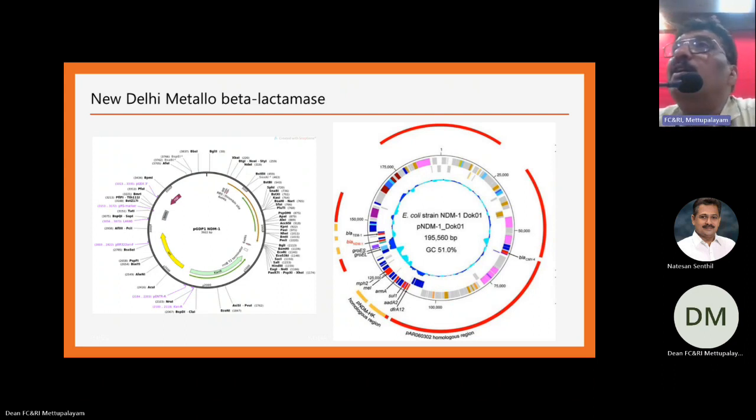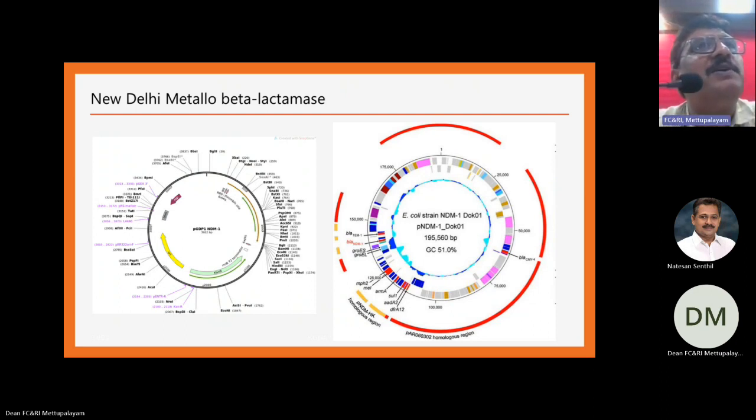And more importantly, we found that there's a horizontal gene transfer happening. You can have vertical gene transfer through breeding. Horizontal gene transfer is going from one species, say Escherichia coli, to others. The latest I was looking at, we have 60 species of bacteria spread over 11 families that now have NDM1 resistance.